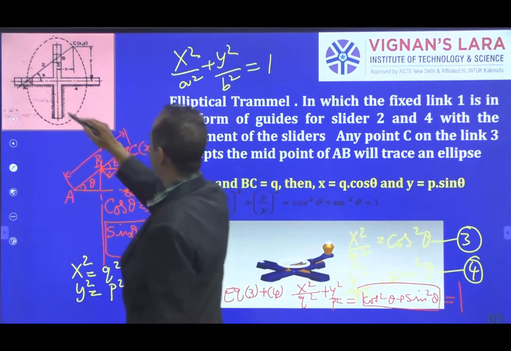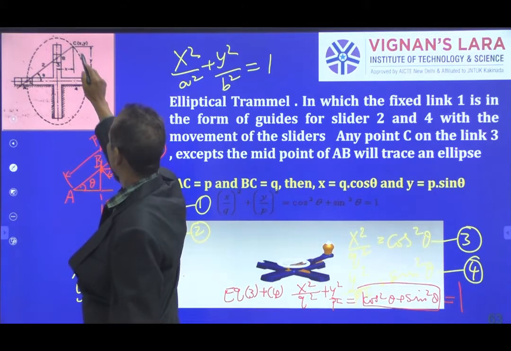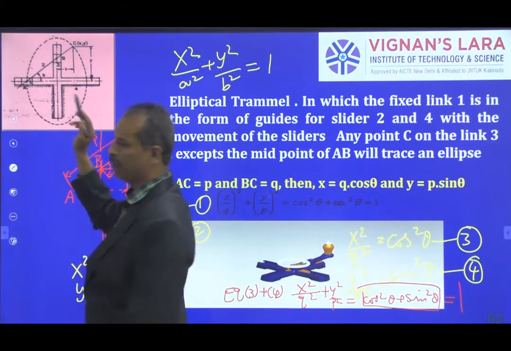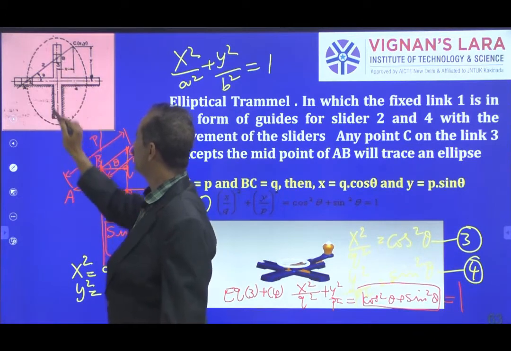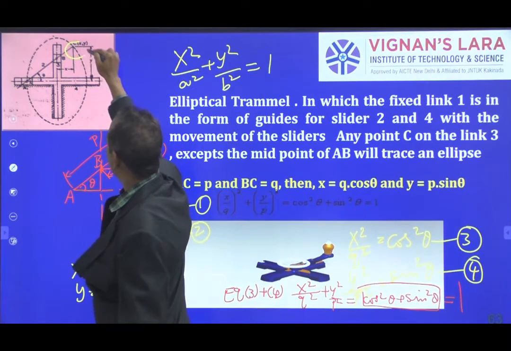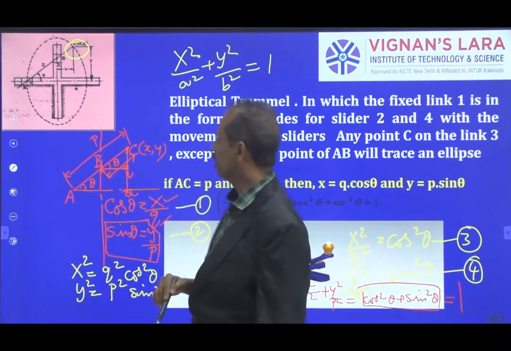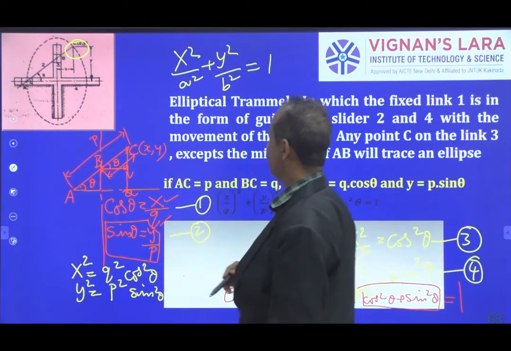That is what you can see here. So the extension of this link is creating an ellipse. When the sliders are sliding in these blocks, the path traced by the point C represents an ellipse.